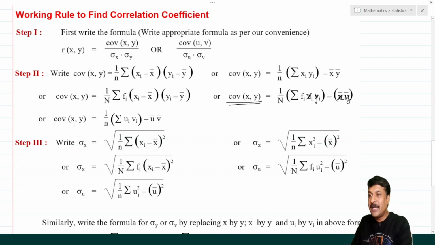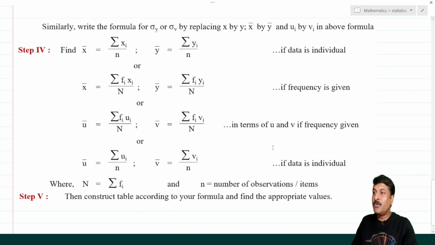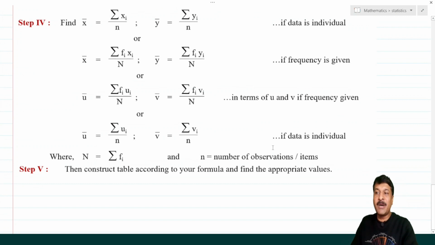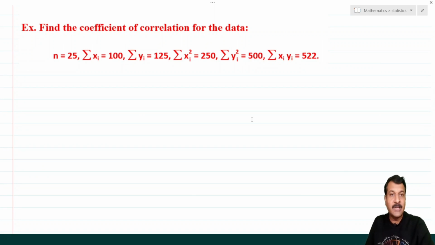Because we know that with respect to xy is similar to with respect to uv. That is why. Also, you find x bar, y bar, u bar, v bar or related terms.